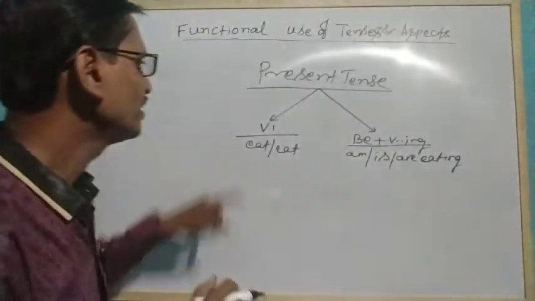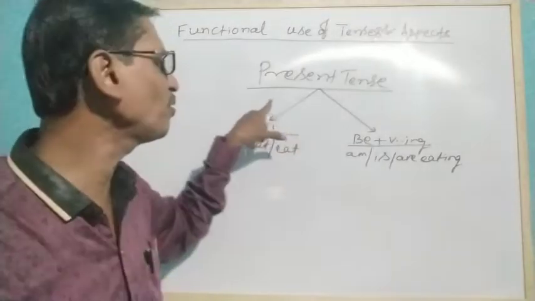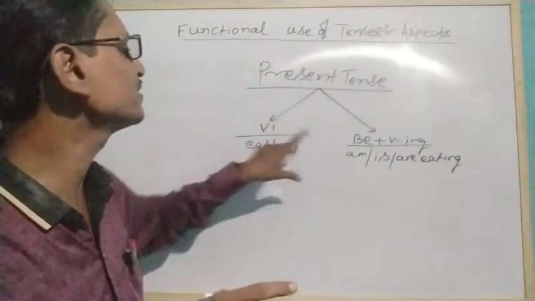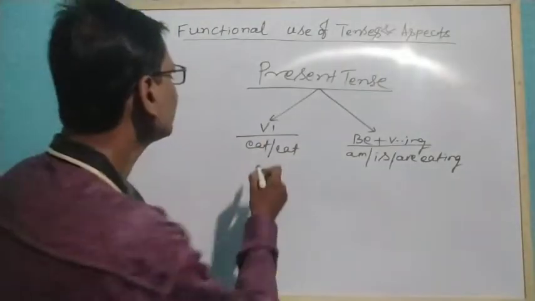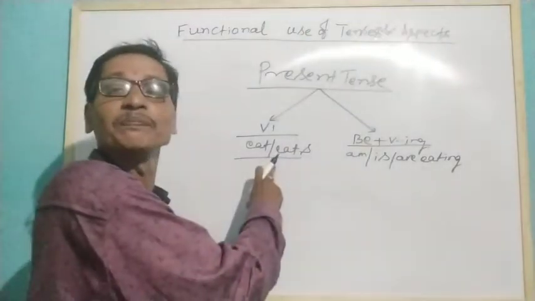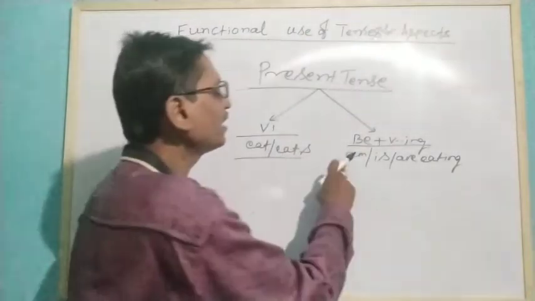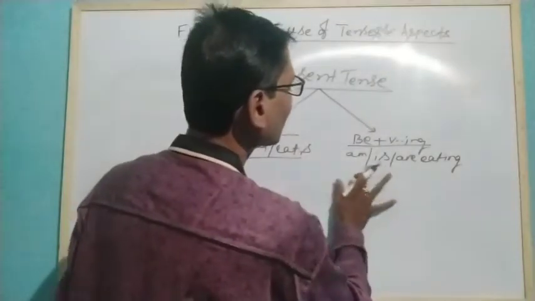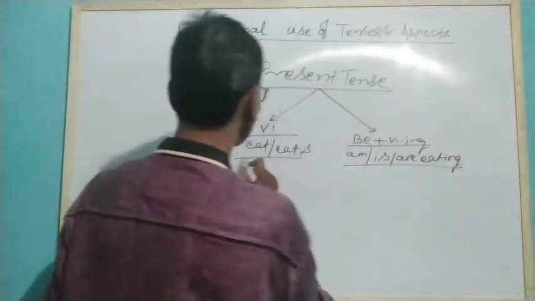When we are talking about present tense, as I have already told you, present tense has two things only. One is the simple present aspect, and the other is be plus verb ing form, that is am, is, are plus ing form.